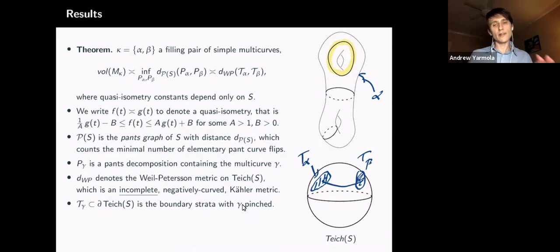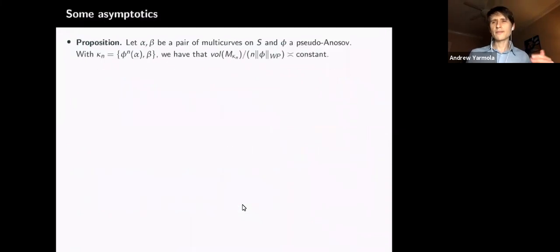So that is sort of our main result. And now we can take it and do some applications to study the asymptotics of this volume. The first thing you might want to ask is, okay, what happens if I take a pseudo-Anosov? If you take a pseudo-Anosov phi and you look at two curves, let's say alpha and beta, they don't have to be filling, but once you take a high power of phi and apply it to one of them, they're going to be a filling pair.